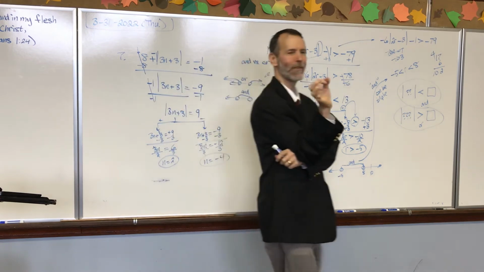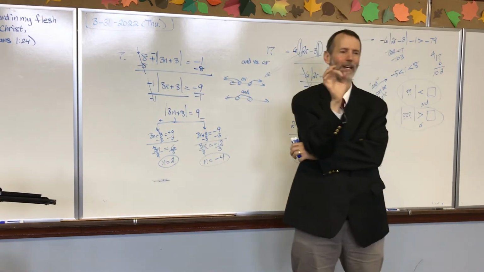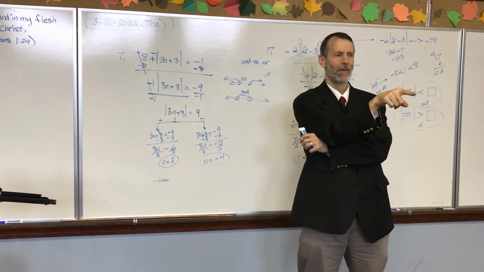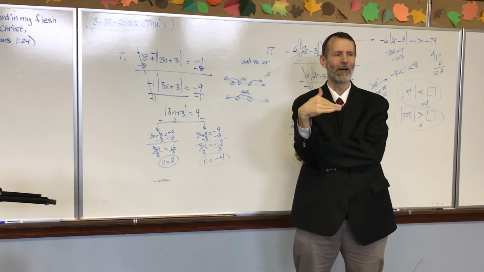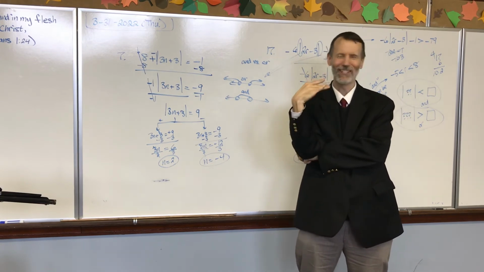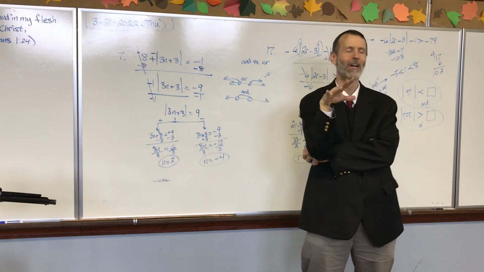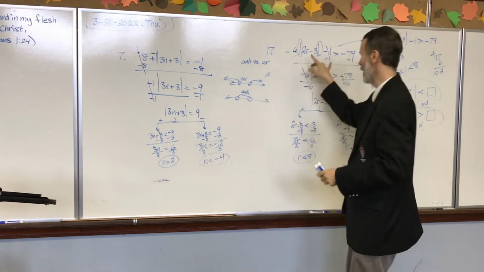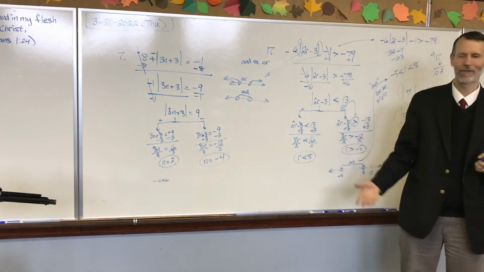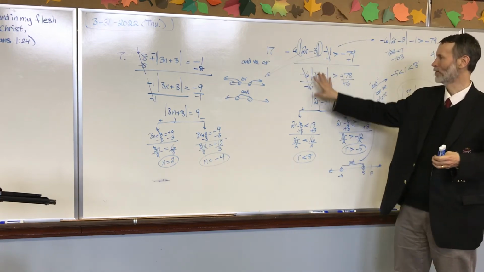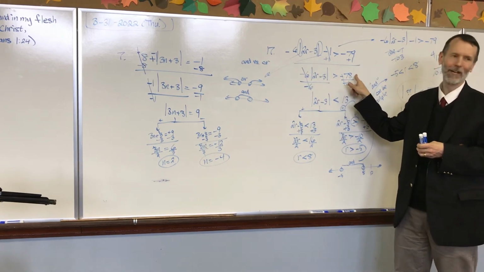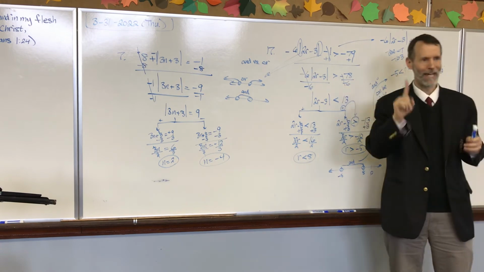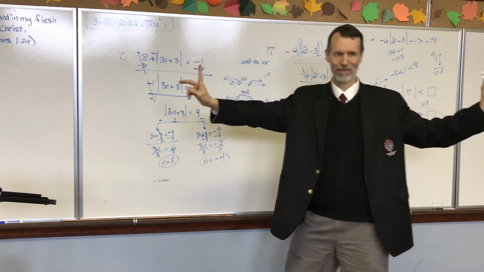The distance away from zero is always what kind of number? Positive. What's the lowest it can ever go? 0. Technically 0 is not positive, it's neutral, but it can never be negative. So absolute value is always non-negative. So if you have an absolute value with a negative answer on the other side, that's going to be one of those two weird solutions.